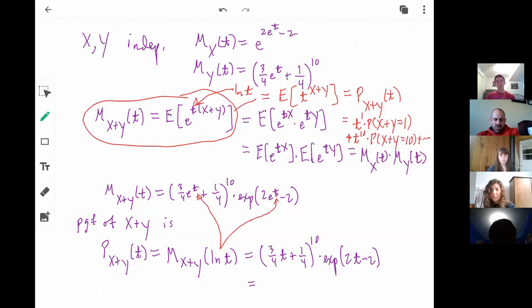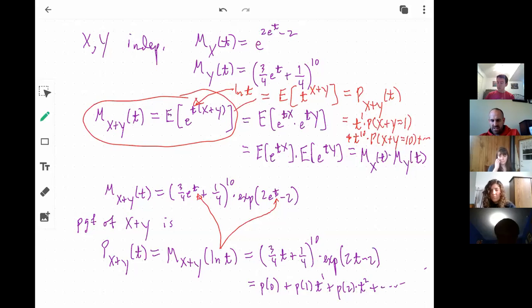Yeah. So how would I get, I have this function right here. You know that this is going to be p of 0 plus p of 1 times t to the first plus p of 2 times t to the second plus etc. Right?